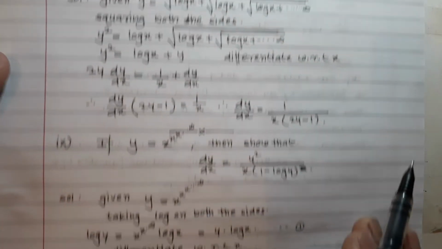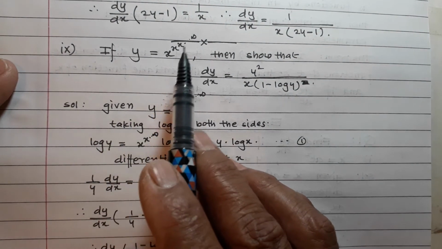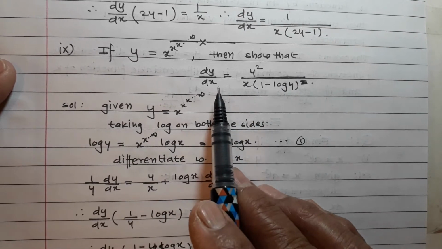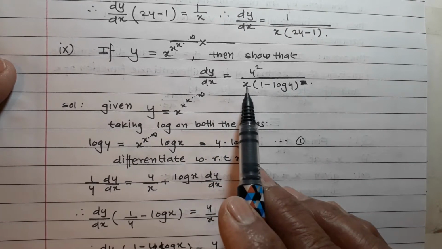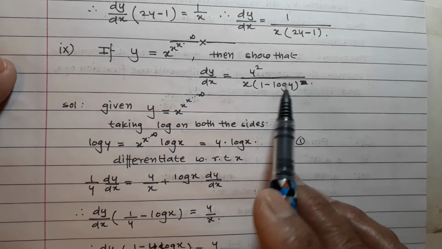Okay. Question number 9. If y is equal to x raised to x raised to x up to infinity, then show that dy/dx is equal to y square upon x into bracket 1 minus log y.